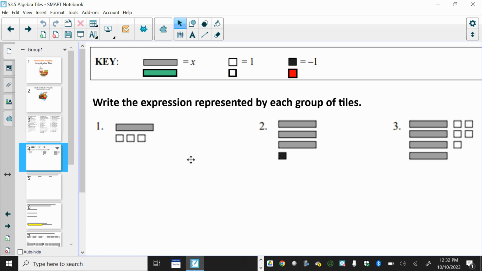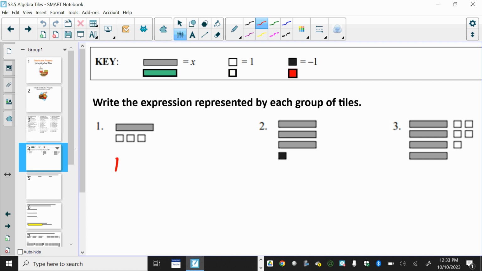Alright, so let's take a look here. Let's write our expressions listed in these groups. So we're going to count those. We have one large, sorry, it's gray because we can't represent green on your worksheet, but this one's supposed to be green.